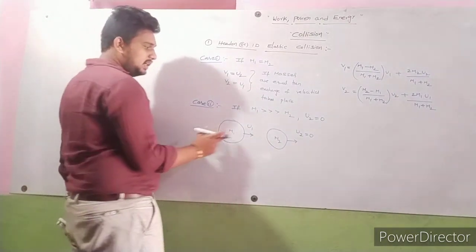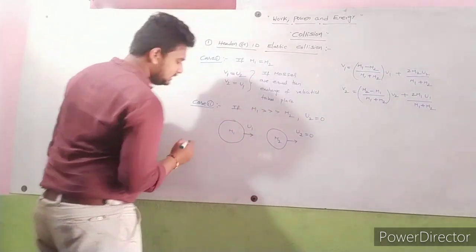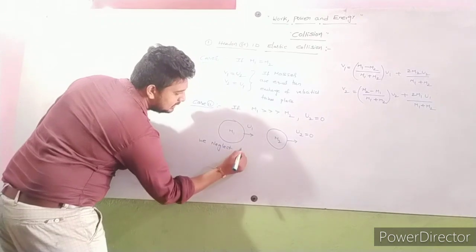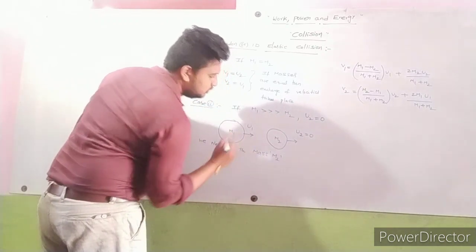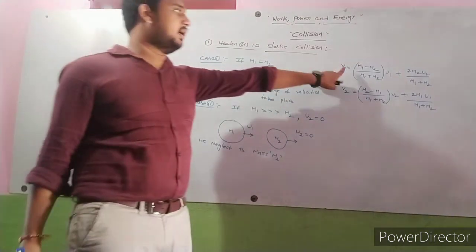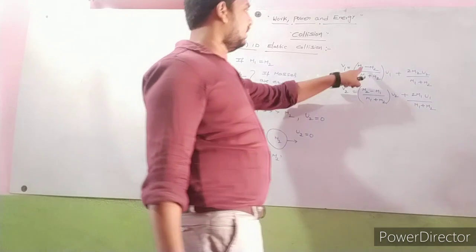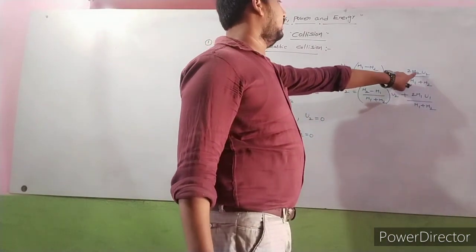So this first particle hits the second one, and since m1 is greater than m2, we neglect the mass m2. So remove this mass m2. What do we get here? m1 cancels, leaving u1, and the u2 value is 0.